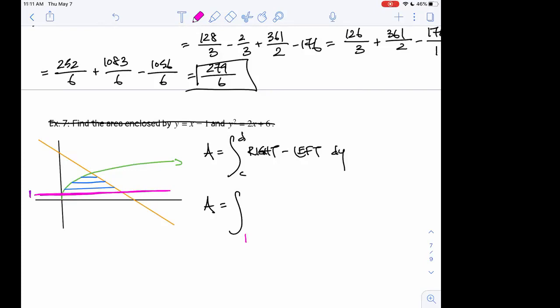Where I stop counting is here, because that's going to be where the very last blue rectangle is. Now I need to find out what this y value is, but that will be my D. Whatever that y value is, that's going to be my D. And instead of stacking my rectangles along the x-axis, I'm going to be stacking my rectangles up the y-axis.